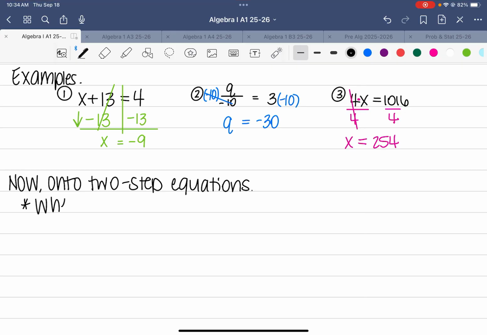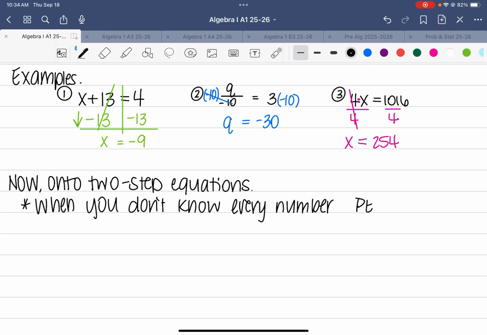When you don't know every number, we're going to use PEMDAS. Please excuse my dear Aunt Sally. We're still going to use order of operations, but we're going to use them backwards. Instead of starting with parentheses, we're going to start with addition and subtraction.